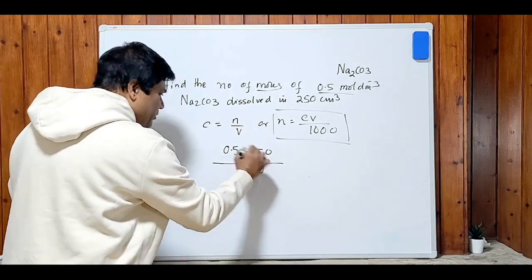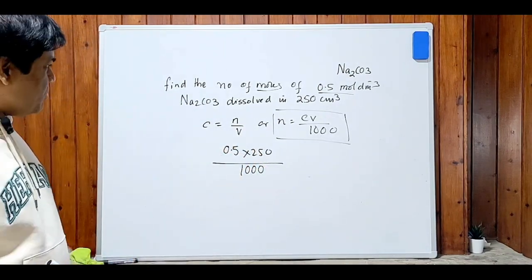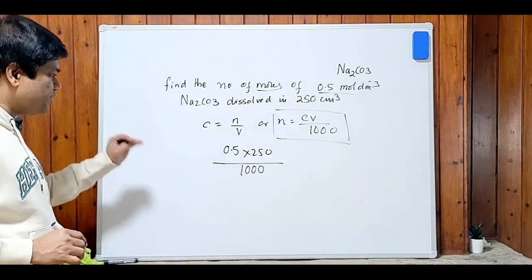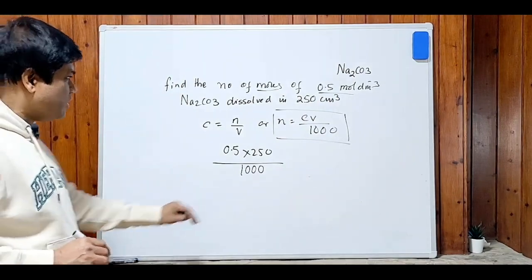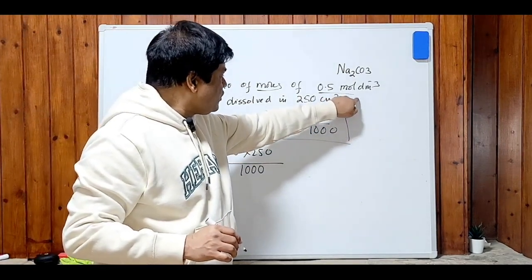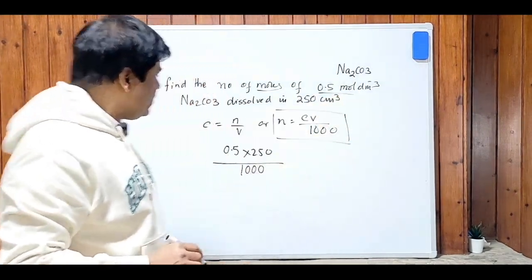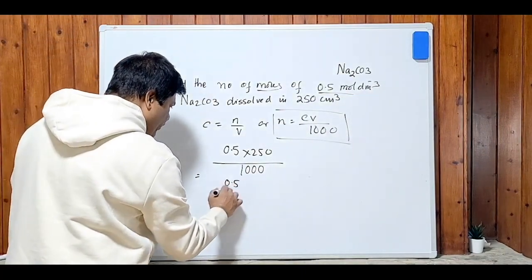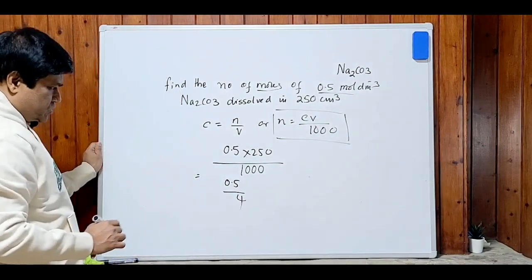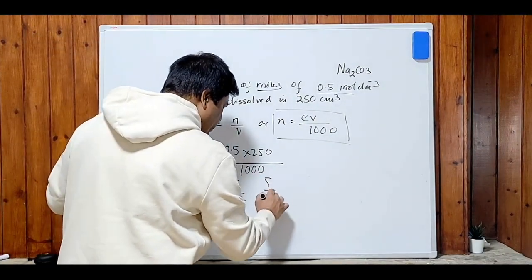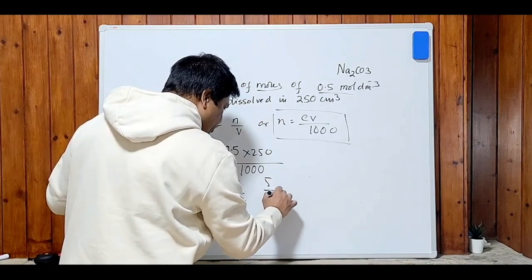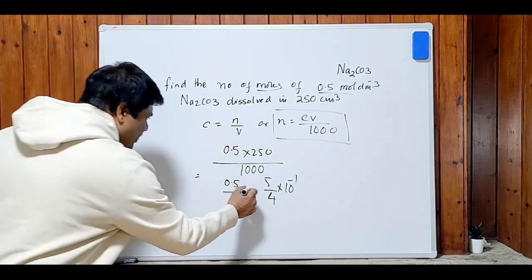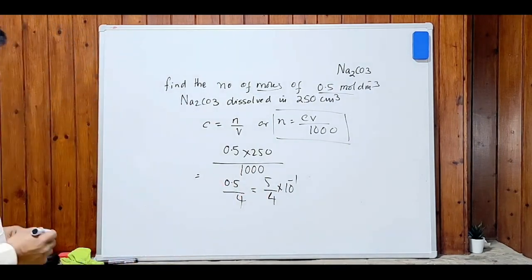Why am I dividing by 1000 here? Because the volume is given in centimeter cube. I have to convert into dm cube always. Look at the standard unit of concentration, mole per dm cube. So 0.5 divided by 4. So 5 over 4 into 10 to the power of minus 1. You can use the calculator and work out how much that is.